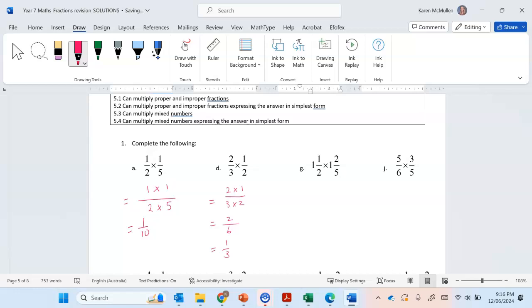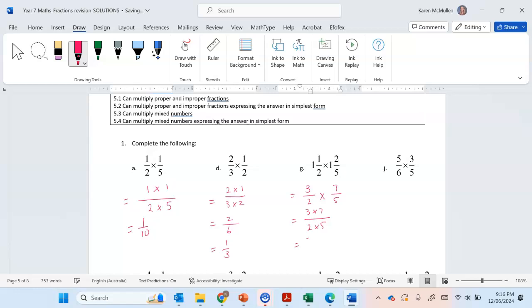All right, so for question G, we've got mixed numbers, just changing them to improper fractions. So 1 1/2 becomes 1 times 2 plus 1, which is 3. And then 1 2/5 becomes 1 times 5 plus 2, which is 7. Now multiplying your numerators, 3 times 7, over your denominators, 2 times 5.